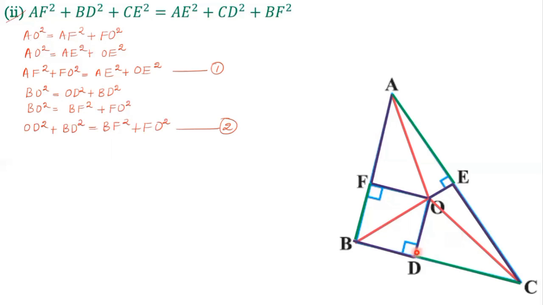Now, in a similar way, we have to apply Pythagoras theorem to triangle ODC and triangle OEC. For triangle ODC and OEC, OC is the common side. If we apply Pythagoras theorem to triangle OEC, then OC square is equal to OE square plus EC square.